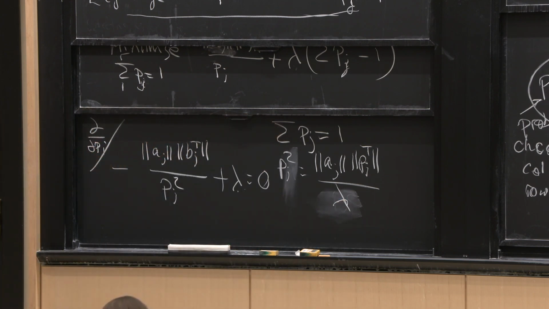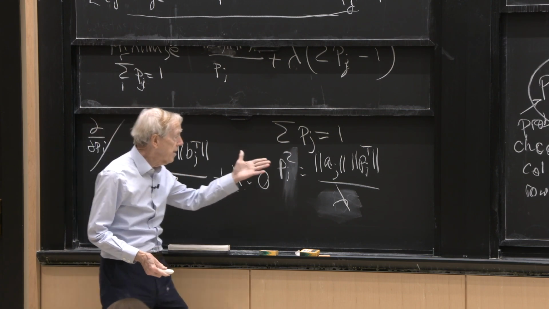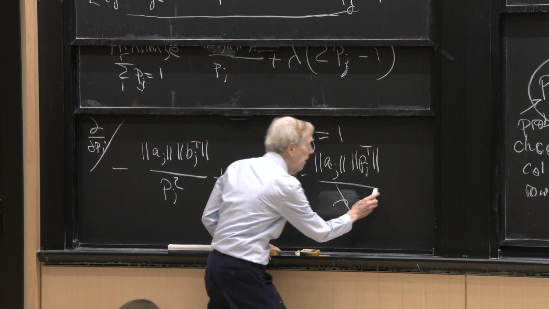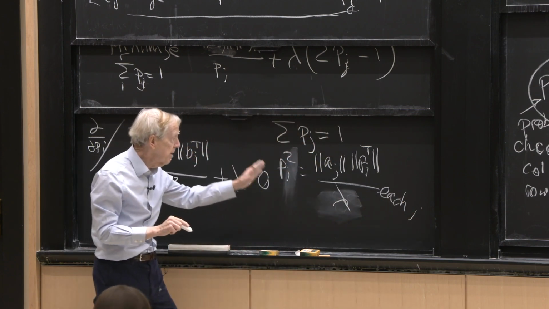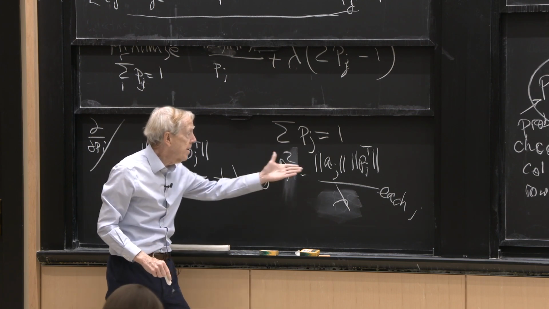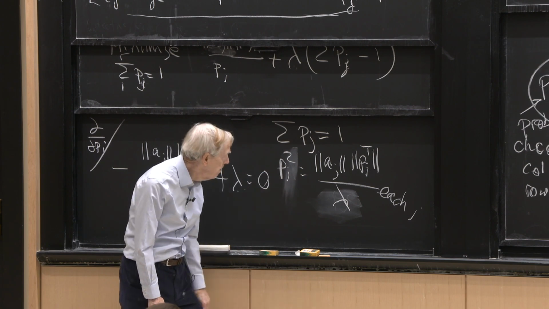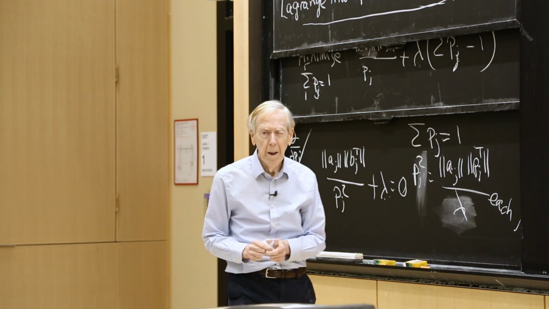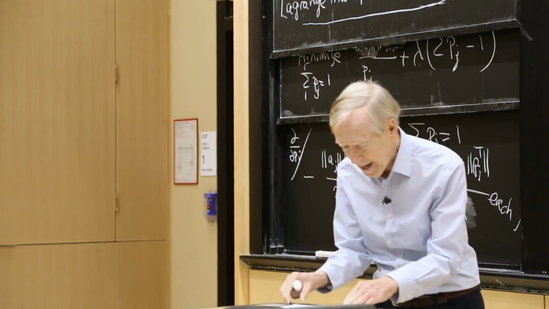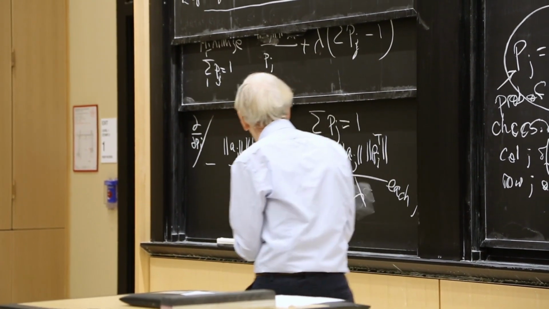Well, what does this tell me? I've taken the partial derivatives with respect to each of the pj's, and I got this equation for each j. And it tells me that pj squared, wait a minute, what's the square in there for? Help. I've only got 2 minutes, and they have to add to 1.